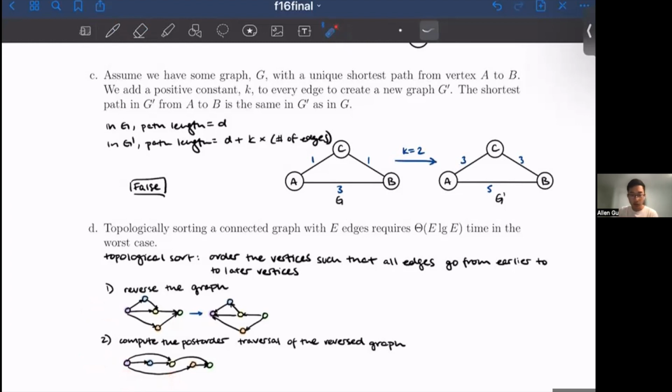Just really briefly, intuitively, why this works is because when we compute the post-order traversal, we're going to have to visit every single one of the children before ever visiting the vertex itself, right? And so if we apply a post-order traversal of the reverse graph, this means that we're always looking at the children before ever looking at the vertex itself.